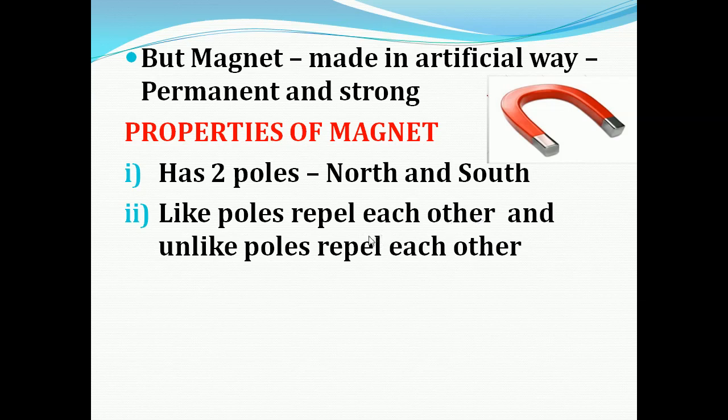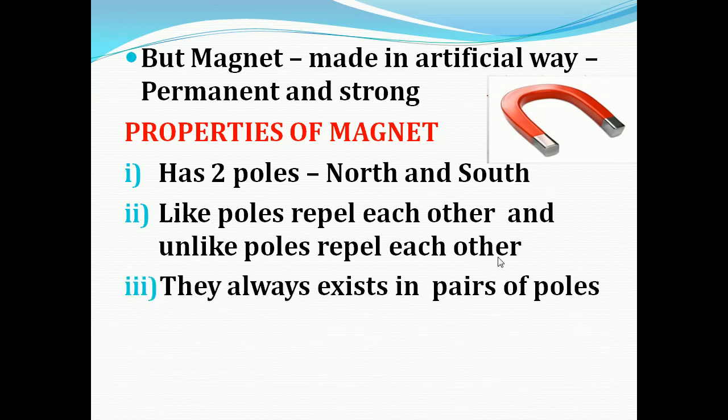But unlike poles attract each other. Unlike poles means south and north attract each other. And they always exist in pairs, so a magnet will always exist with two poles.